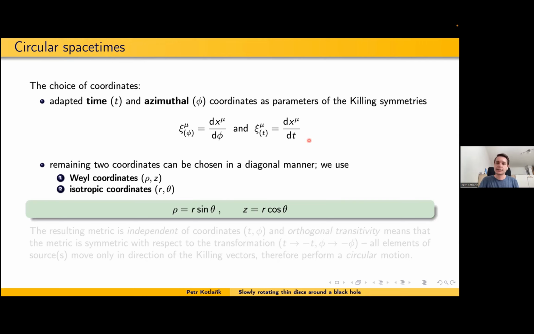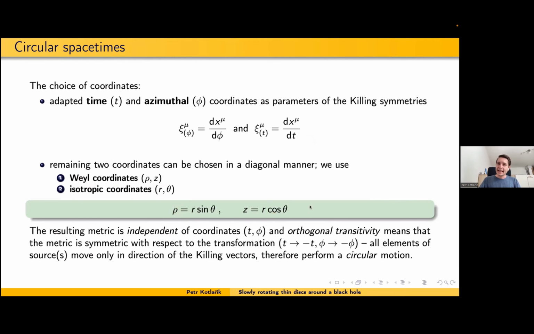The standard choice is the Weyl coordinates, generalized cylindrical coordinates, or isotropic coordinates, generalized spherical coordinates, tied together with a simple transformation. Then the resulting metric is independent of time and the azimuthal coordinate, and the orthogonal transitivity means that all sources follow the Killing vector fields. Therefore, they perform what we can call a circular motion.